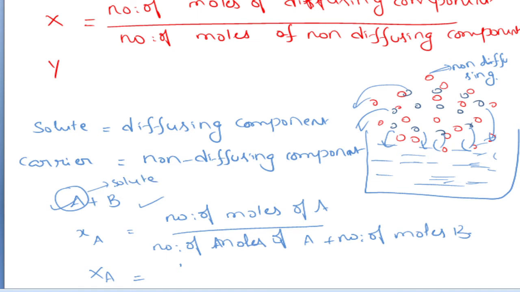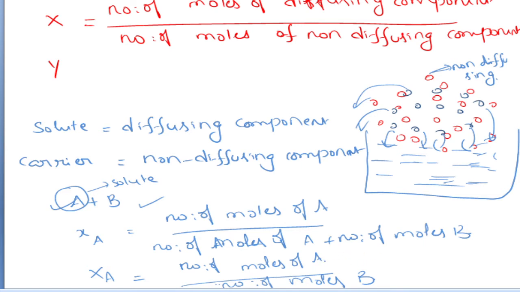That means A is the solute or diffusing component and B denotes the non-diffusing component. Now, the definition for mole ratio of component A is number of moles of A divided by number of moles of component B.